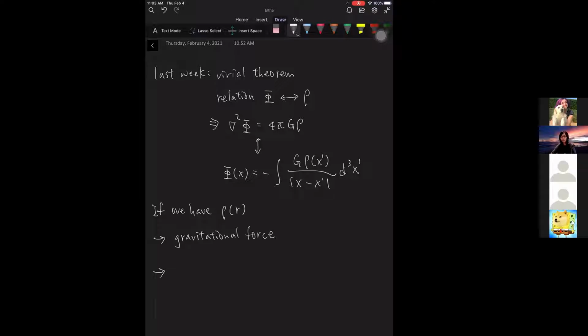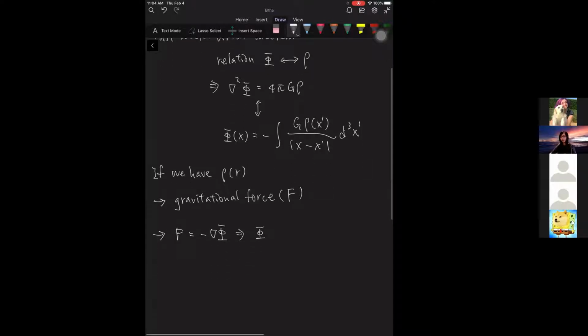Since we know that F is related to the gravitational potential by this relation, we can get the gravitational potential phi.